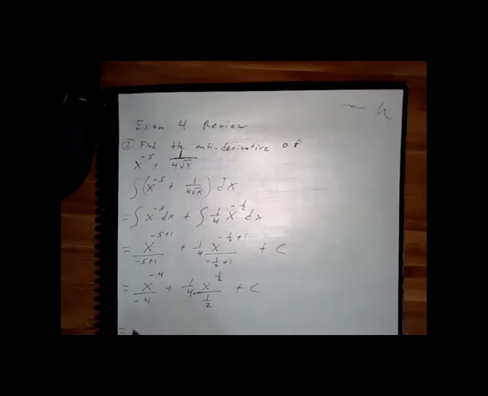So at this point, if you prefer, you can put the 1/4 in front. You can divide the 1/4 by the half. That'll be the same as doing the reciprocal, right? That would be, I believe it's 1/2, yeah.